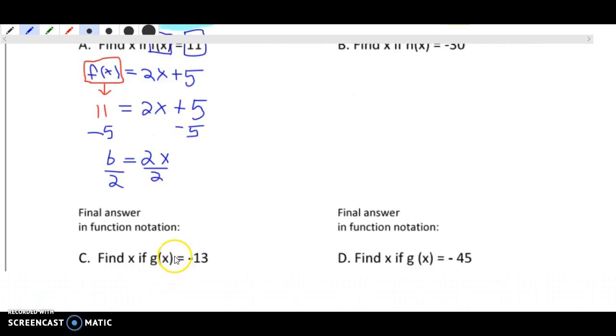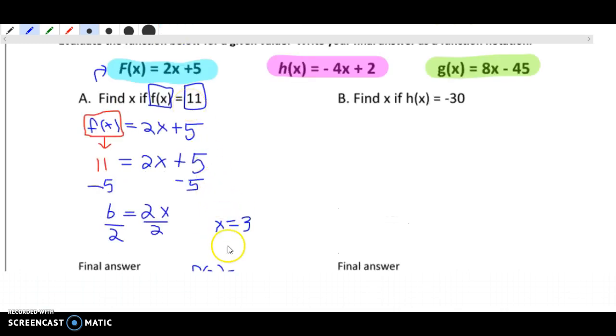So we know that x is equal to 3. And we're going to write this using the function notation, which is basically f, the input is 3, so f of 3 is equal to the output, which we were given, 11.